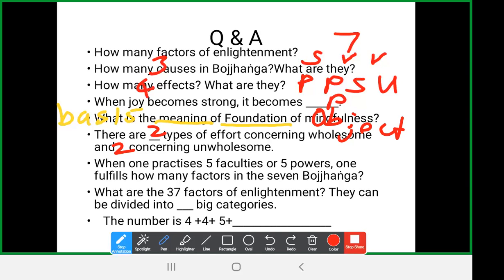When you practice the five faculties, the five powers, how many factors of enlightenment can you fulfill? What are the five faculties? Saddha, Viriya, Sati, Samadhi, Panya.